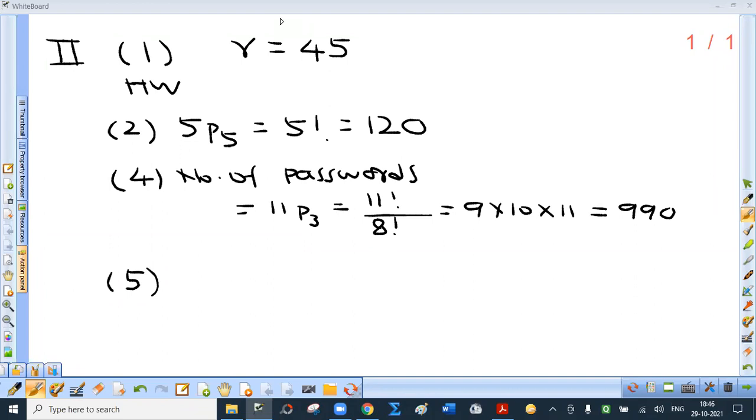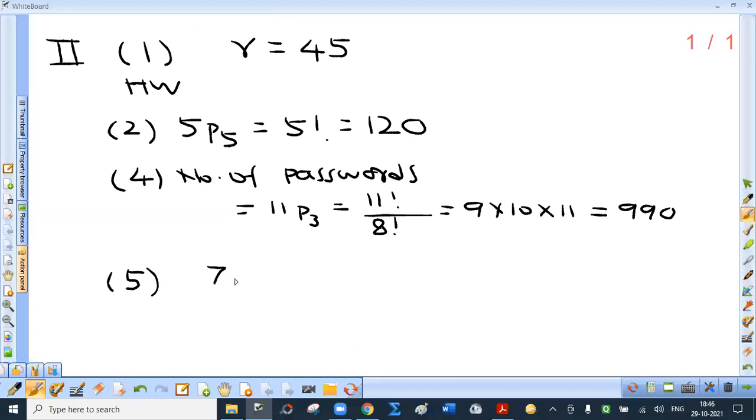Suppose initially we do consider 0 and then we'll subtract numbers in which 0 appears at the extreme left. So 7 digits can be arranged in how many ways? Don't write.